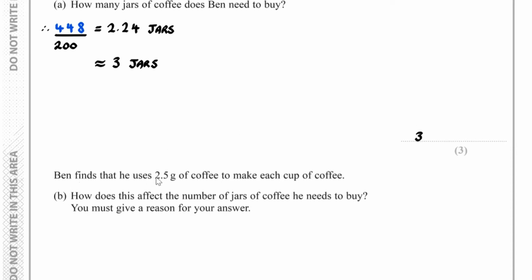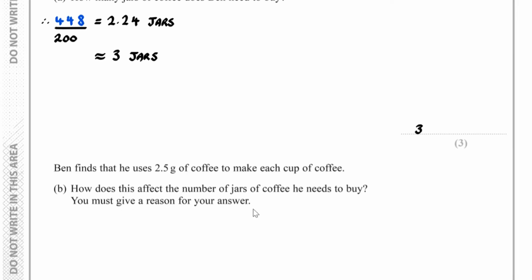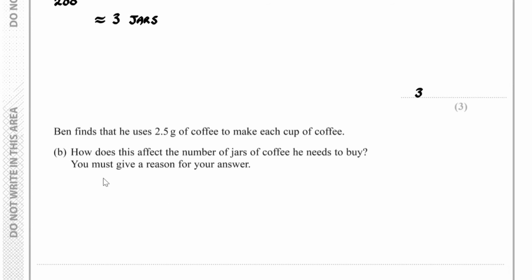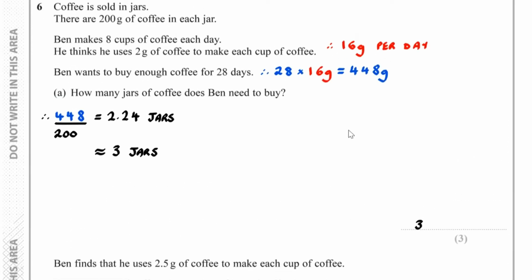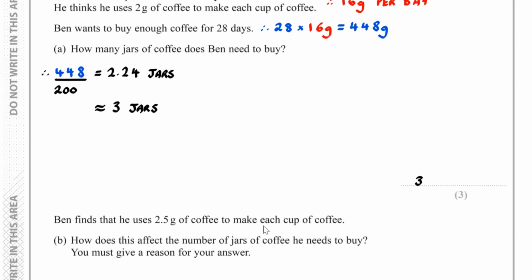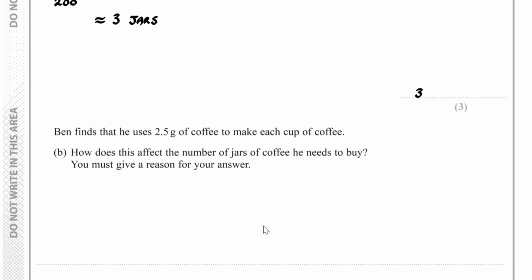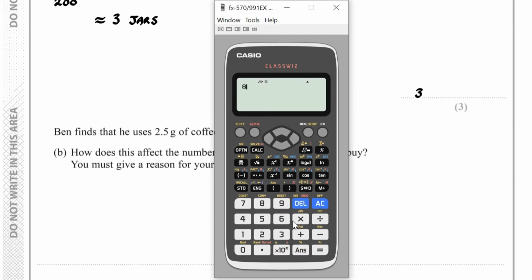Next, Ben finds that he uses 2.5 grams of coffee to make each cup of coffee. How does this affect the number of jars of coffee he needs to buy? You must give a reason for your answer. Well, if we carry out the same procedure, per day we use 2.5 grams for each of 8 cups, so 8 times 2.5 is 20.